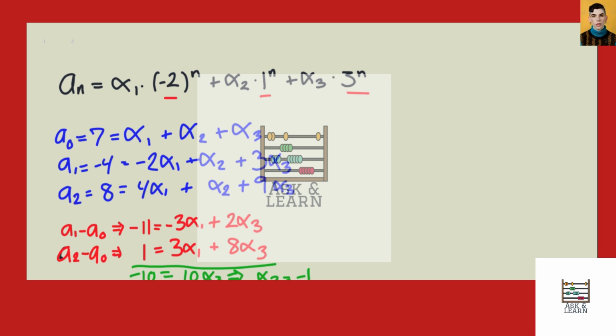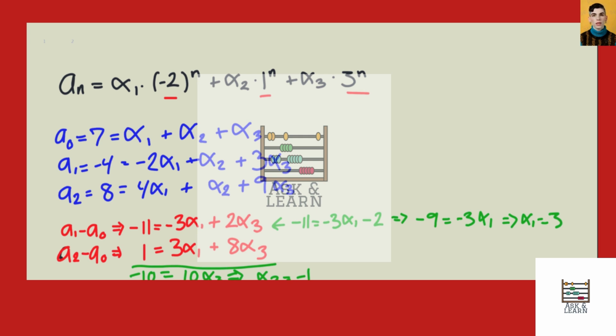Now that we know that alpha 3 is equal to negative 1, we can put it into one of the red equations. So we'll get that negative 11 is equal to negative 3 alpha 1 minus 2, right? And so that means that negative 9 is equal to negative 3 times alpha 1. So alpha 1 must be equal to 3.